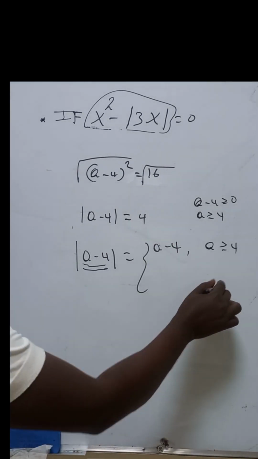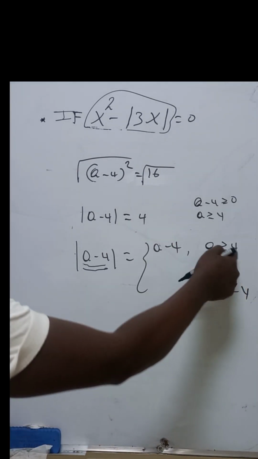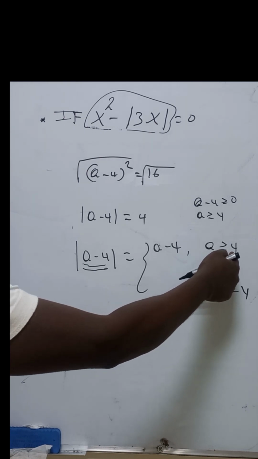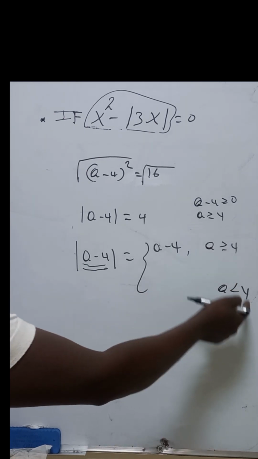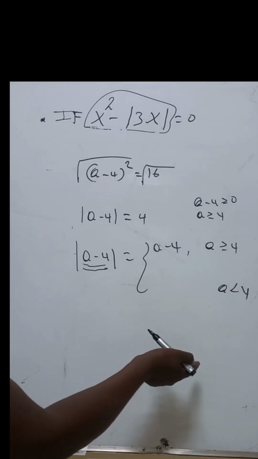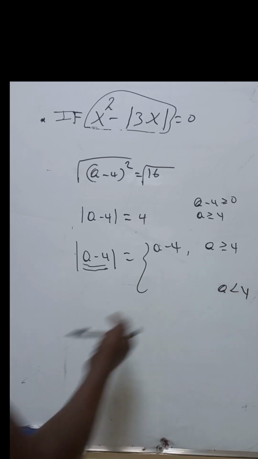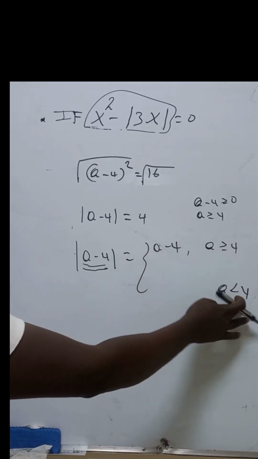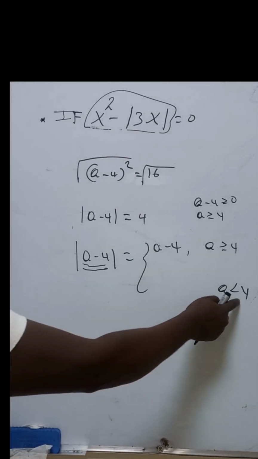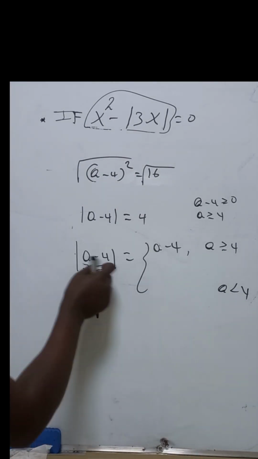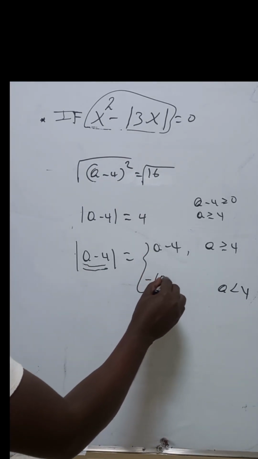If a is the opposite, that means less than 4, for the second case, for a less than 4, say if it is 3, then for any real number a which is less than 4, this will be minus of a minus 4.